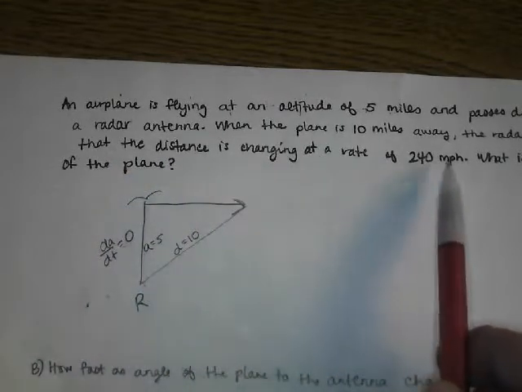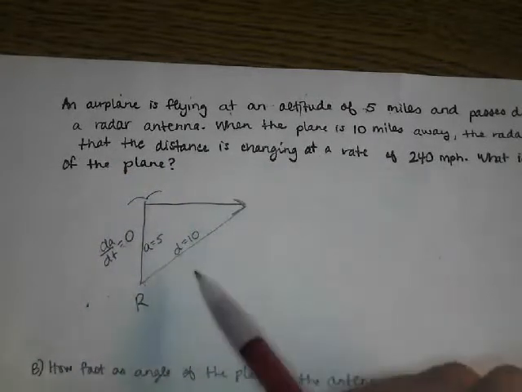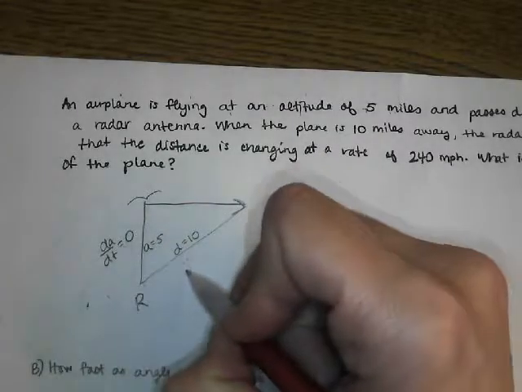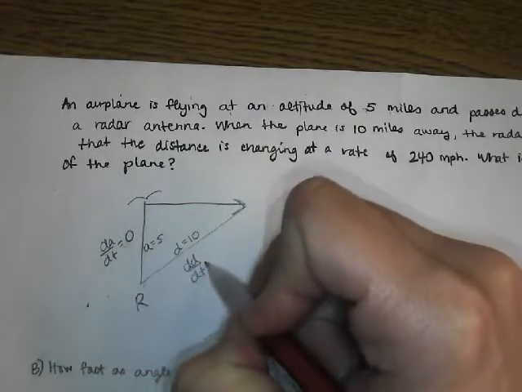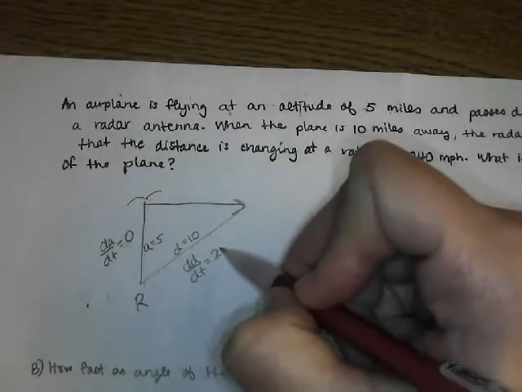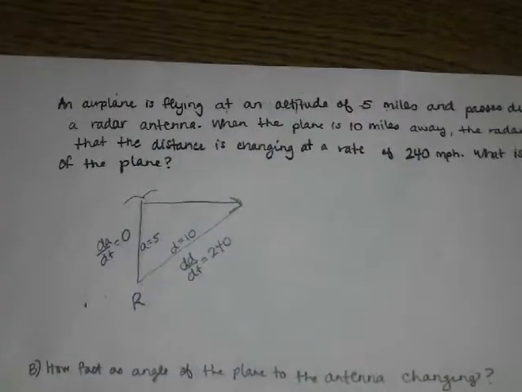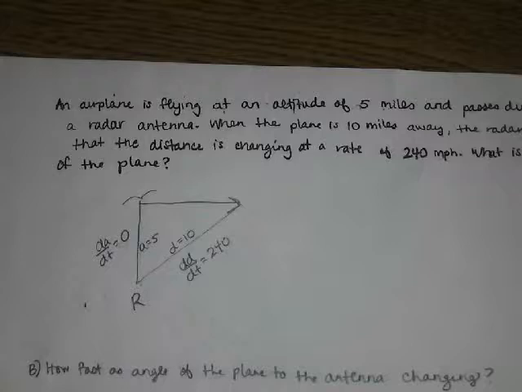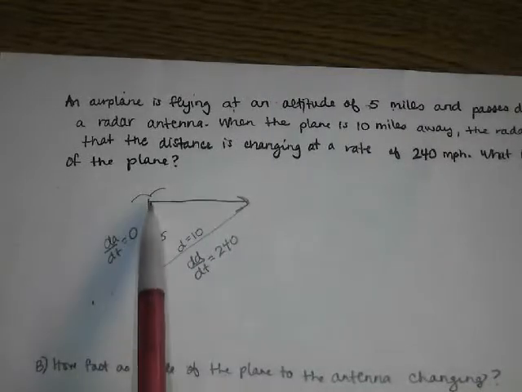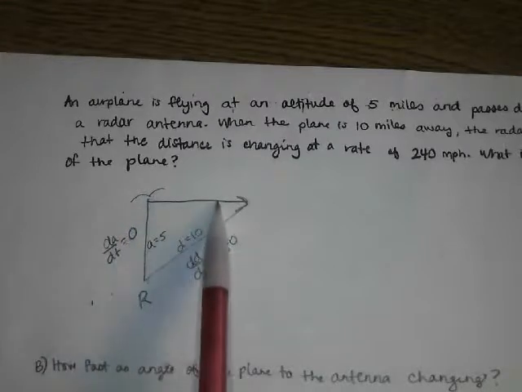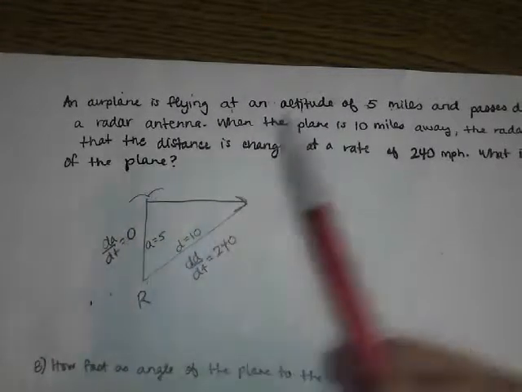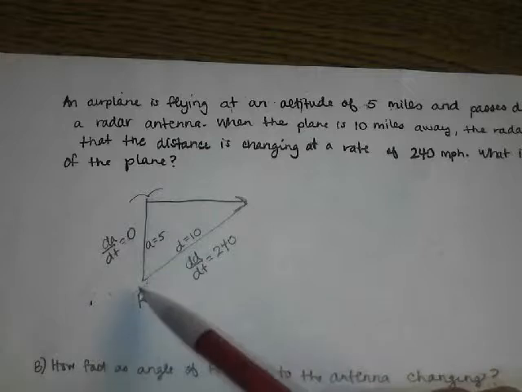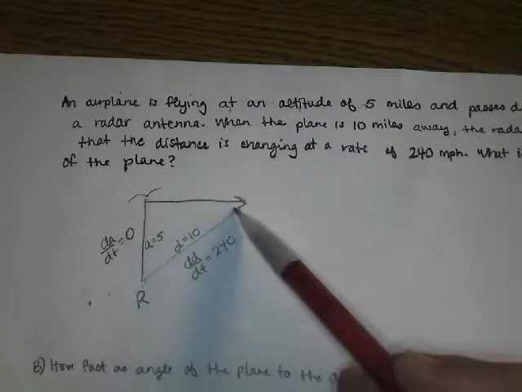So dd dt, the rate at which this distance is changing, is 240 miles per hour. We're looking for the speed of the plane. In other words, how fast is it flying this way, right? The rate at which the distance between the radar antenna and the plane is changing is not necessarily the speed of the plane. Do we follow?